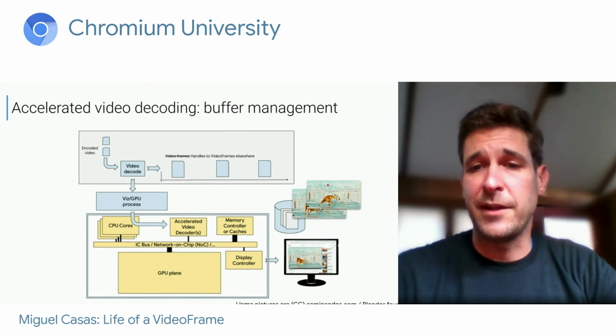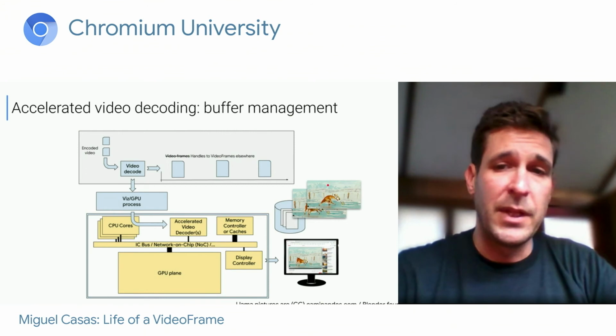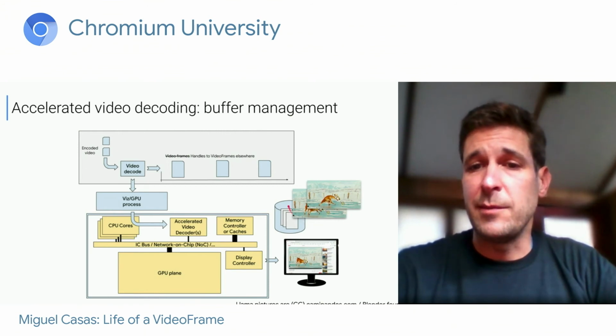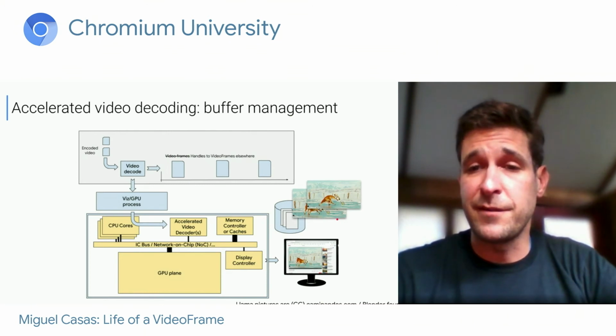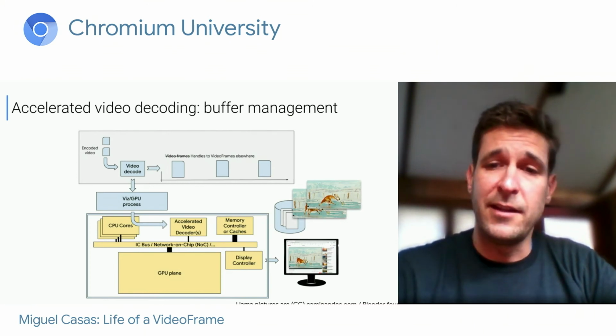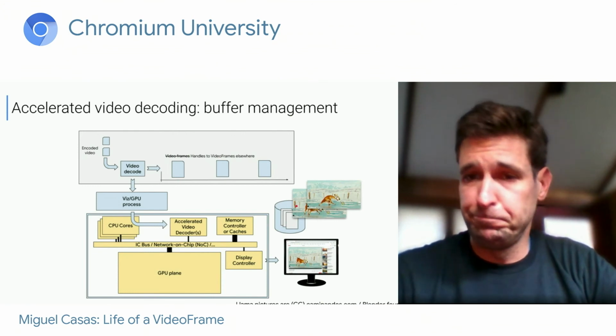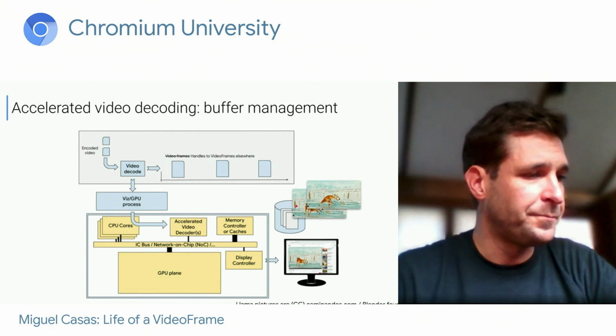Note that the original one, we still have to keep around as a reference frame. Whenever that stops being a reference frame, we can just drop it, and then everything comes back to this pool of resources, and we can continue on.